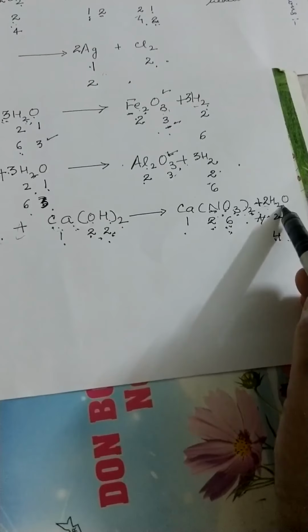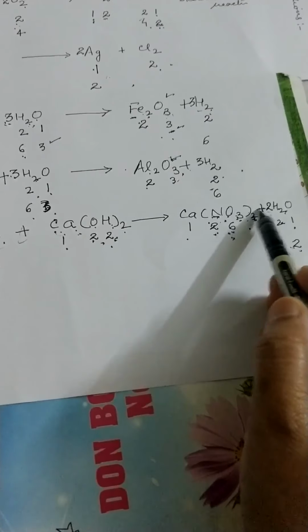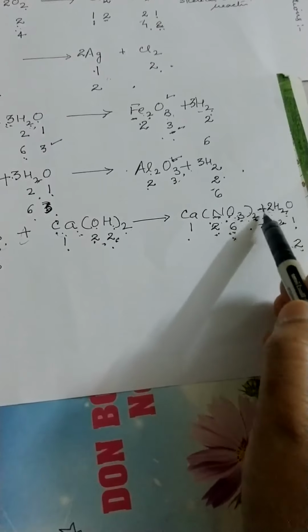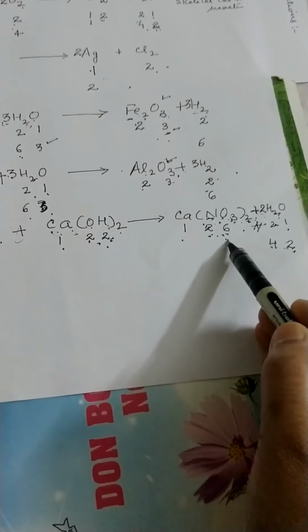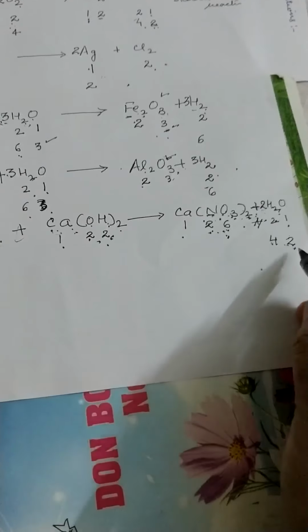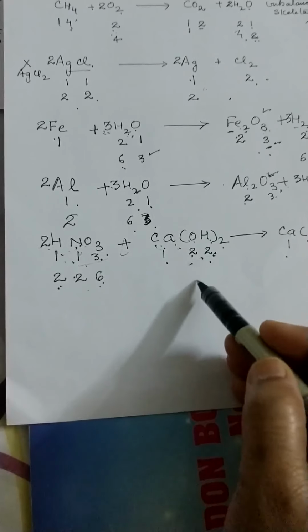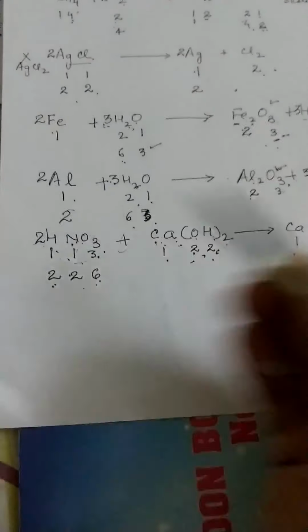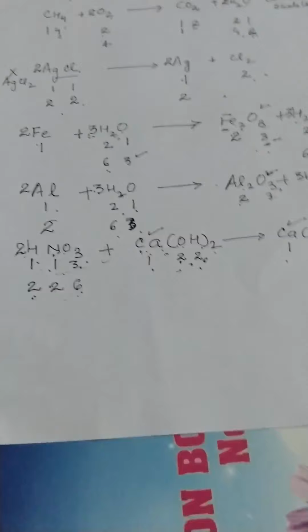This is water, this is a compound of calcium, and between these two we have a plus sign, so the number of atoms will also get added. Oxygen is 2 here and 6 here, so total oxygen is 8. Here oxygen was 2 and now we have made it 6, so 6 plus 2, 8. So oxygen is balanced. Nitrogen, hydrogen and calcium were already balanced. So this is a balanced chemical reaction.